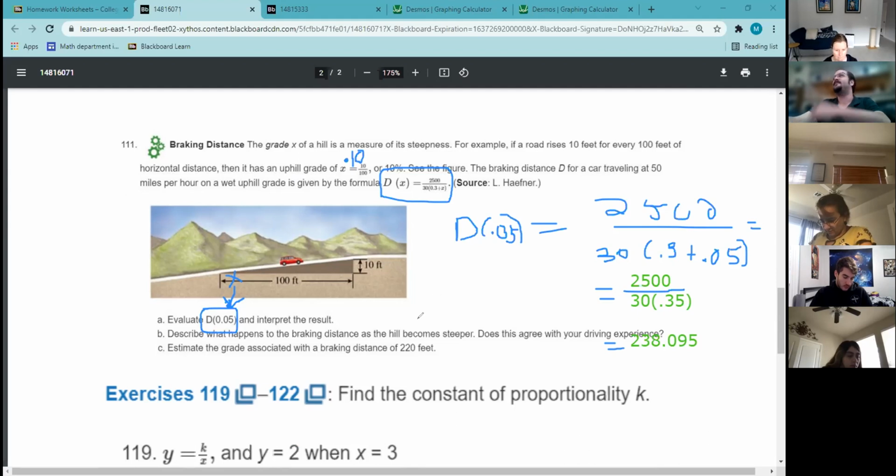Someone help me interpret this. What does this mean? Maybe how many miles? Oh, the unit is feet here. That's weird, because they give you the speeds of the car in miles, but it should be feet. So how many feet is it going to take me to stop?